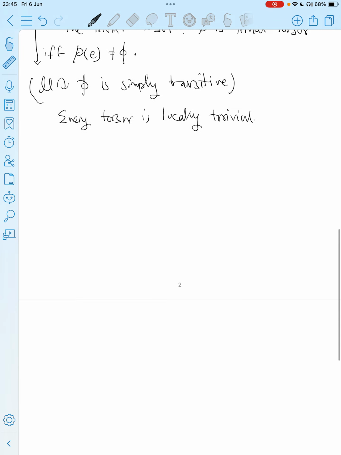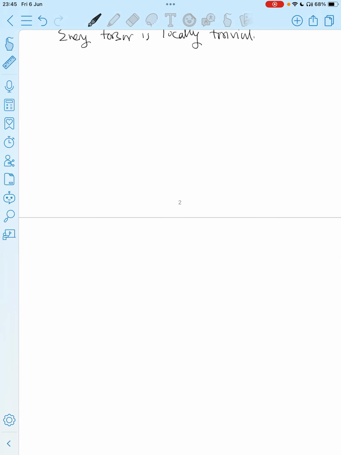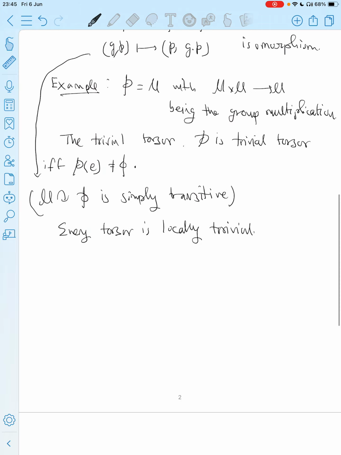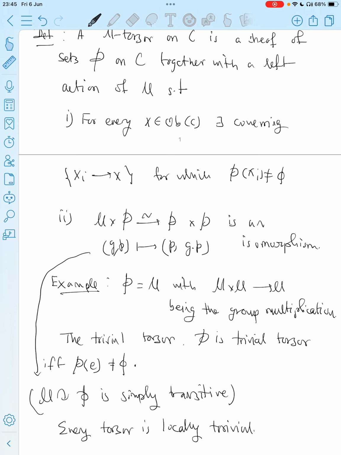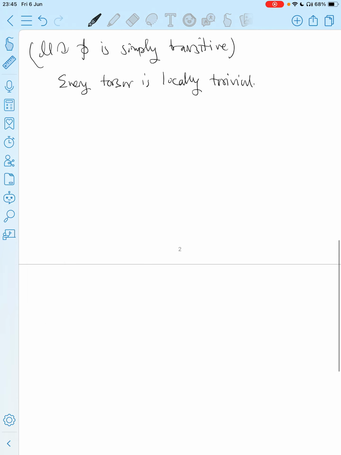And now suppose you are given two torsors. By the way, I'm going to denote a torsor with not only P but also with the action mark. So that is the notation.